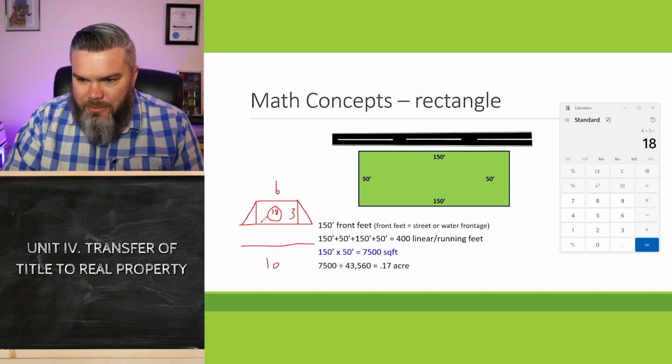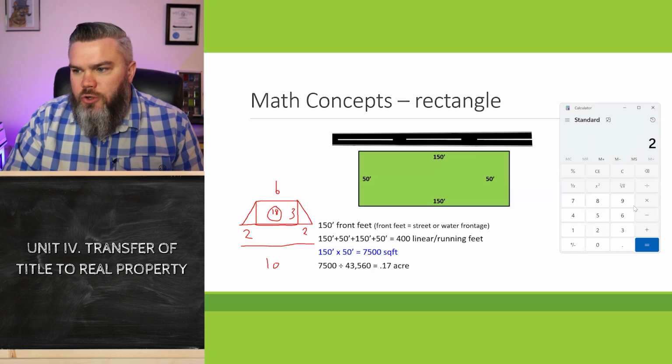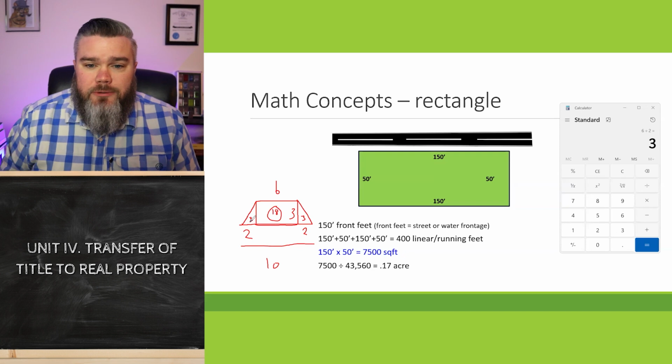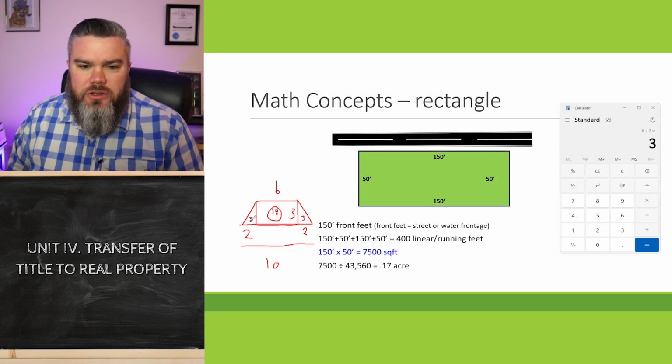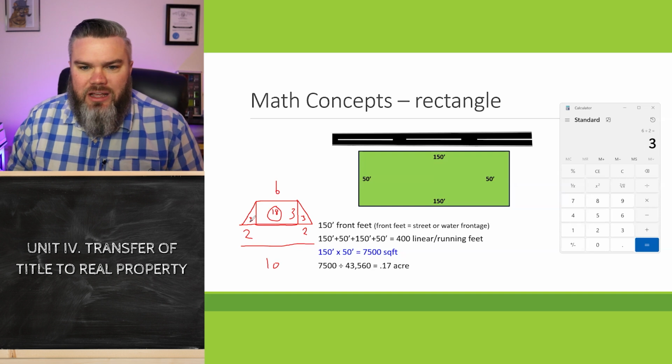Now this is 6, that means this is also 6, and so you've got 2 here, 2 here. So now your triangles are 2 times 3 divided by 2. So each one is 3 square feet. You see how that works? It's a heck of a lot easier than knowing the formula for area of a trapezoid. Told you, nobody need that negativity.